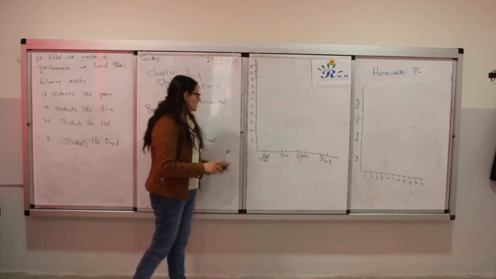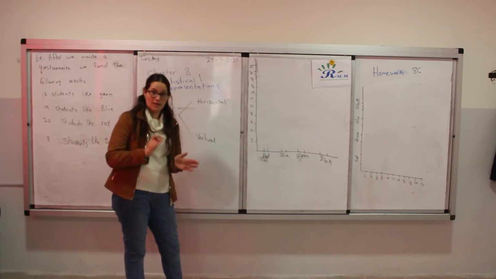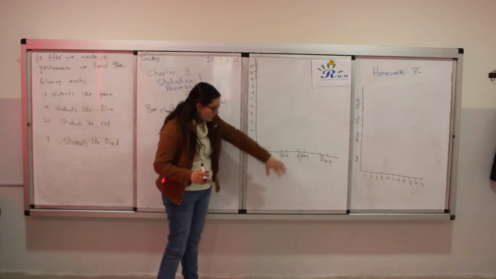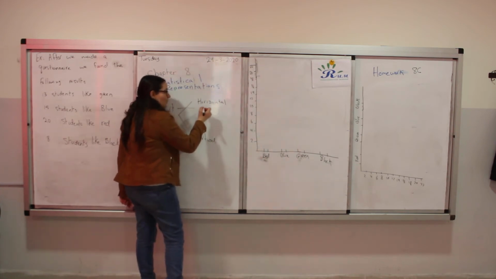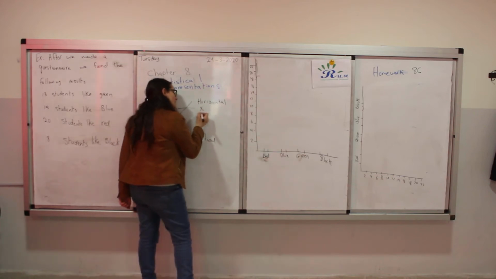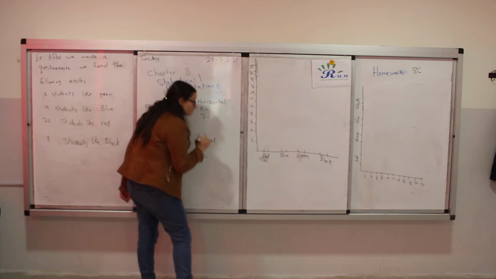In each case, the x-axis and the y-axis represent different things. We are going to check these two examples to learn what the x-axis represents in the horizontal, what the y-axis represents in the horizontal, and so on in the vertical.